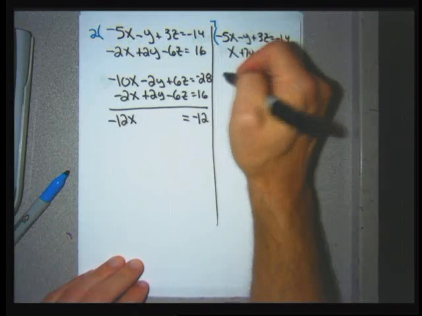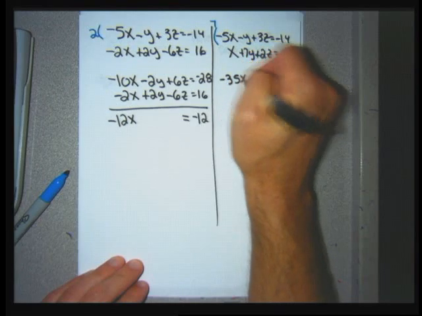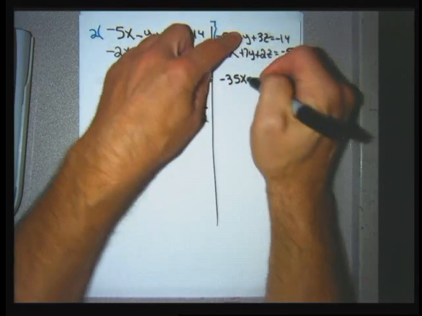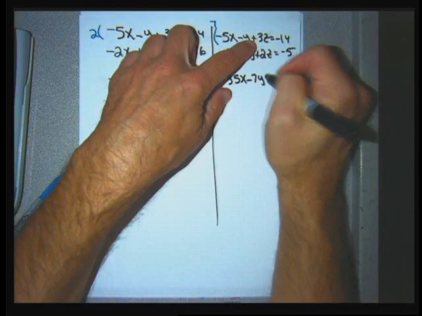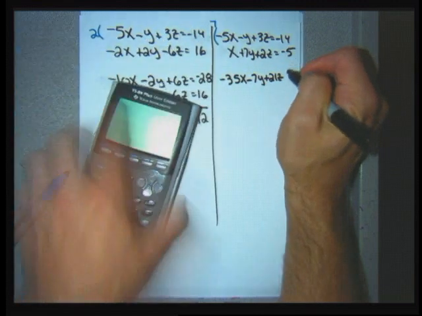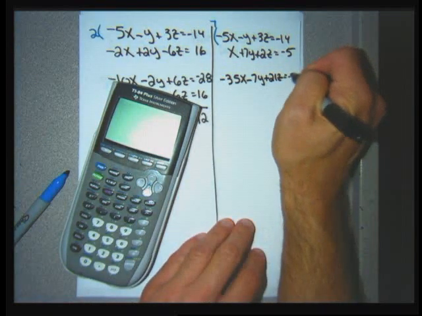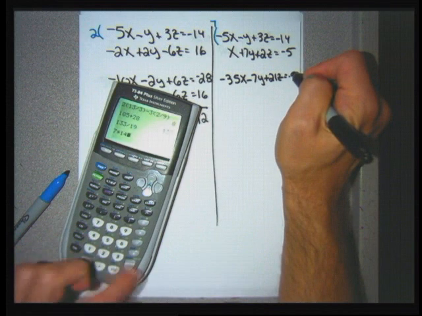7 times negative 5x is negative 35x. 7 times negative y is minus 7y. 7 times 3z is plus 21z. And then 7 times minus 14, I believe, is minus 98. So 7 times 14, yeah.